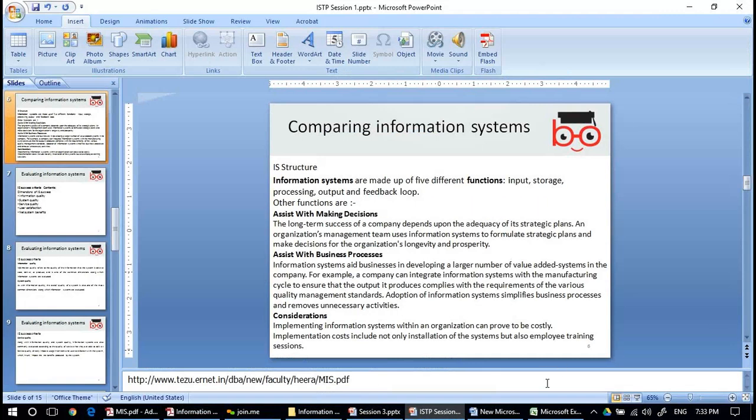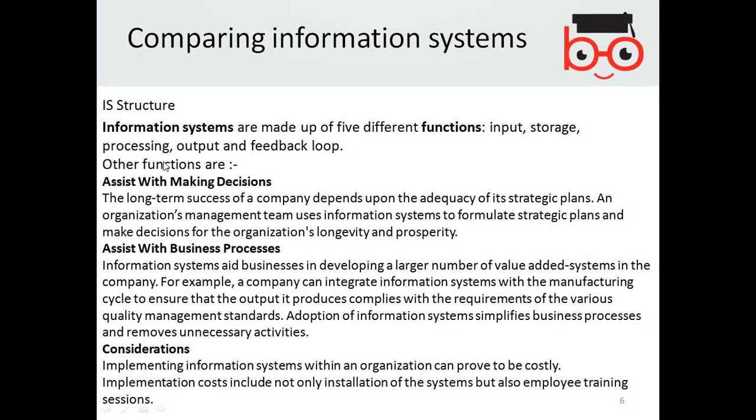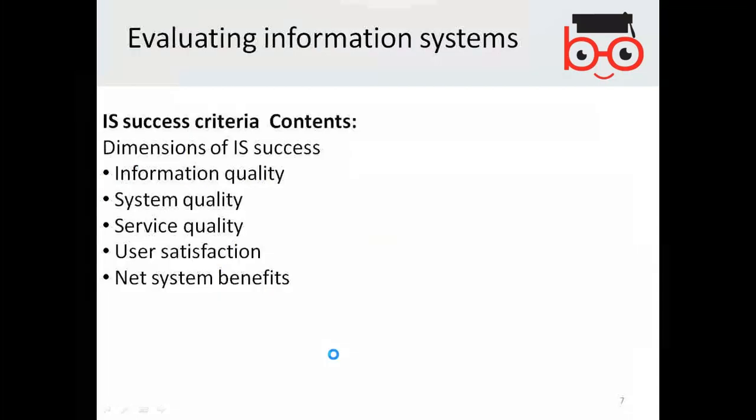So I come back here on the basic definition that information systems and their structures are dependent on the input, storage, output, and feedback loops, and possibly other functions could be relevant, like assisting with making decisions. They could have the structural distinction and assist with business process considerations.